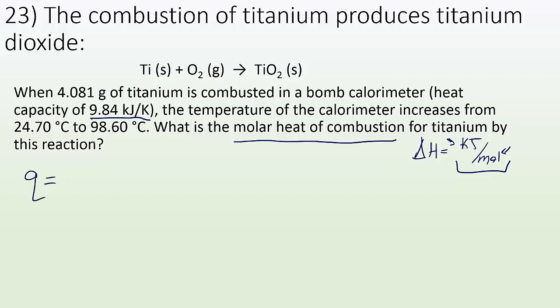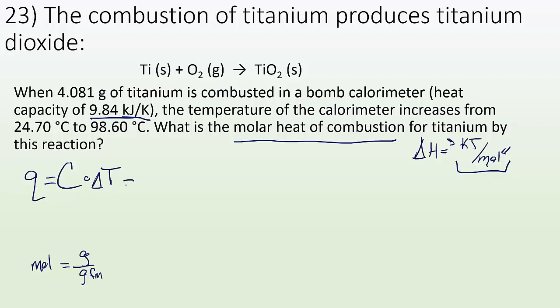Again, bomb calorimeter, we're talking about the whole system. It's going to be that big C times the delta T. And the moles, we're going to have to get from the grams, right? Moles equals grams over GFM. So let's start doing this stuff.